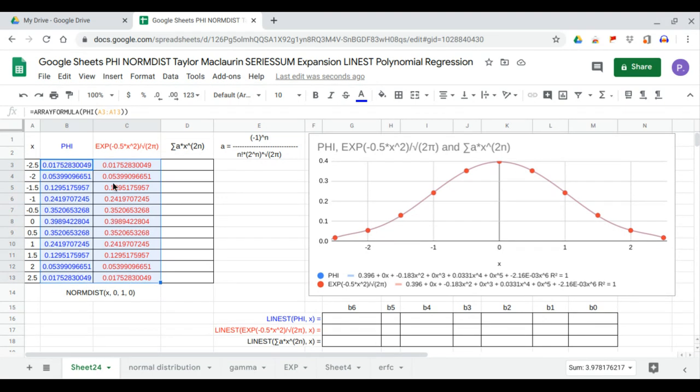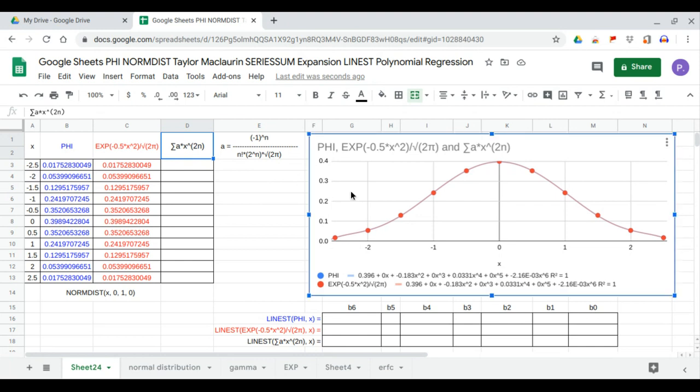We will expand this using the Taylor-Maclaurin series expansion, where phi is equal to the summation of a times x to the power of 2n, where the coefficient a is equal to negative 1 to the power n all over n factorial times 2 to the power n times the square root of 2 pi.